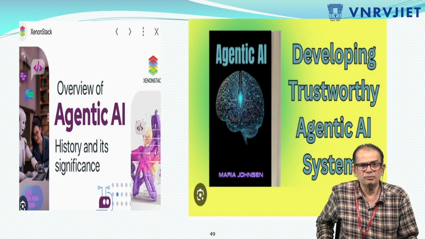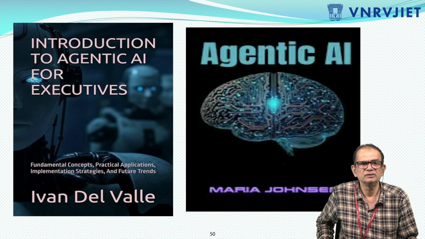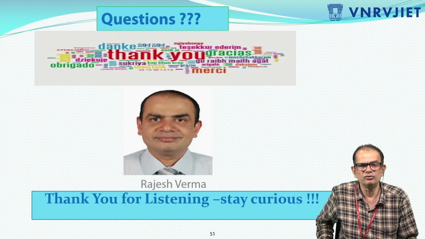These include overviews of agentic AI and some programming books that you can refer to while doing agentic AI. A lot of books are coming up, being published every day, so please refer to them.